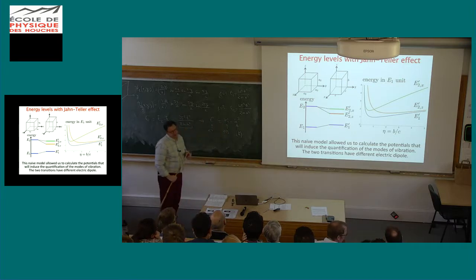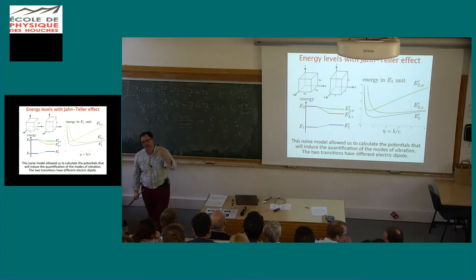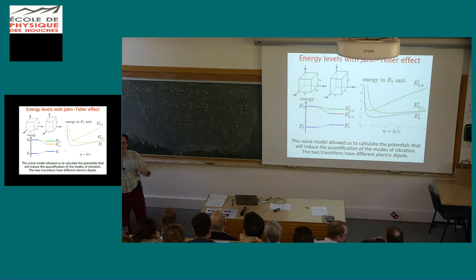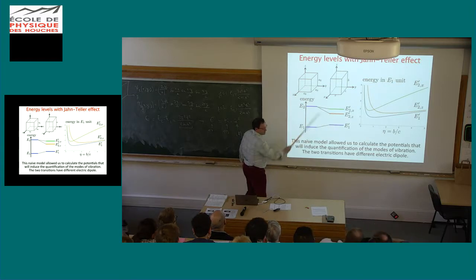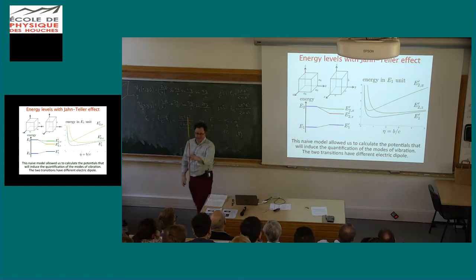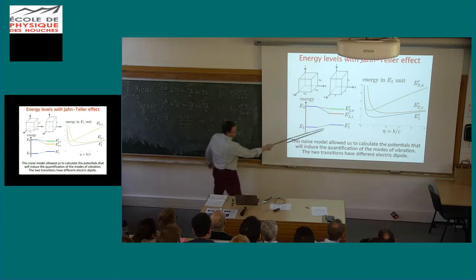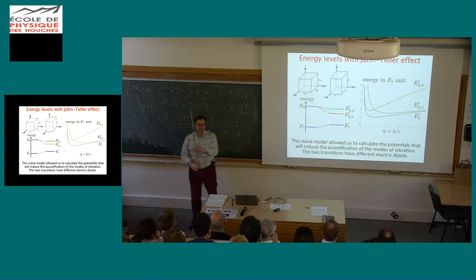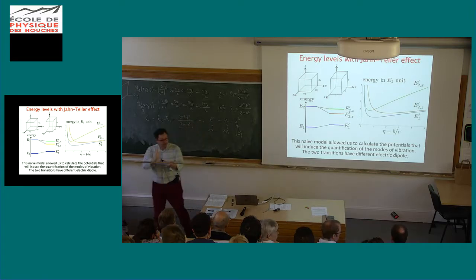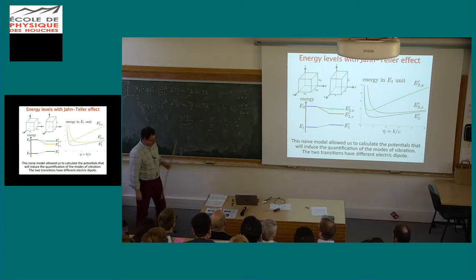What is also important, and we have to keep that in mind when we talk about the electric dipole of the NV centers, is that the two transitions will have different electric dipole. The electric dipole from this transition will be polarized along the Z-axis, whereas the transition from this state to the other state will be polarized in the perpendicular plane.